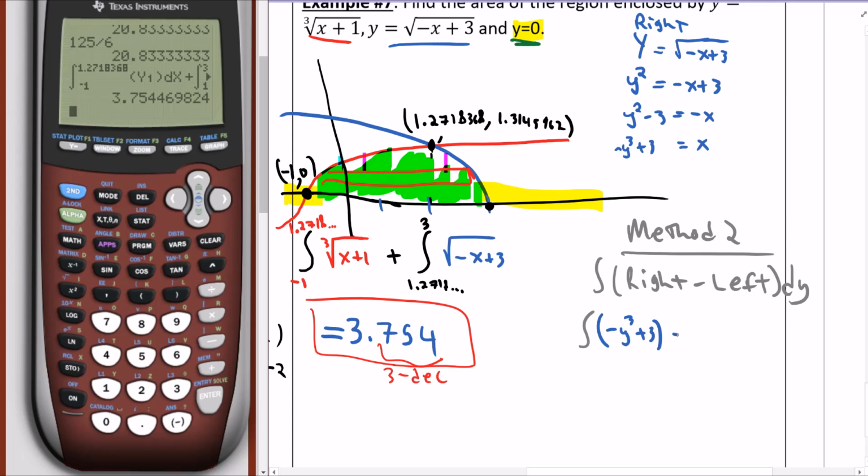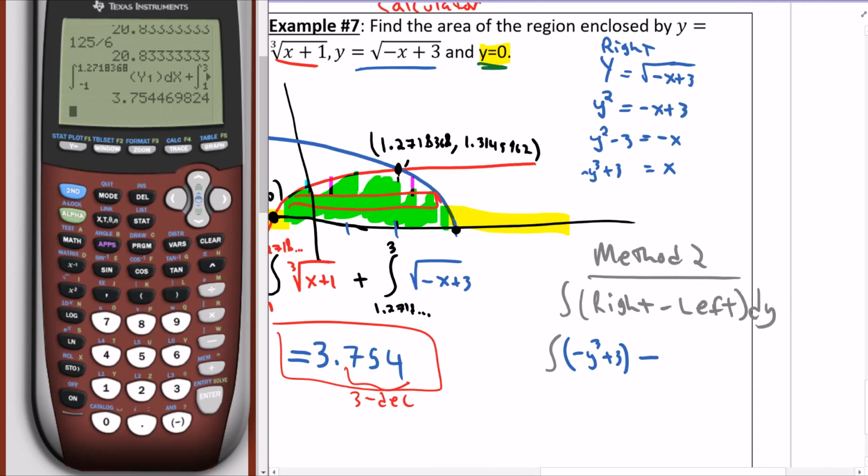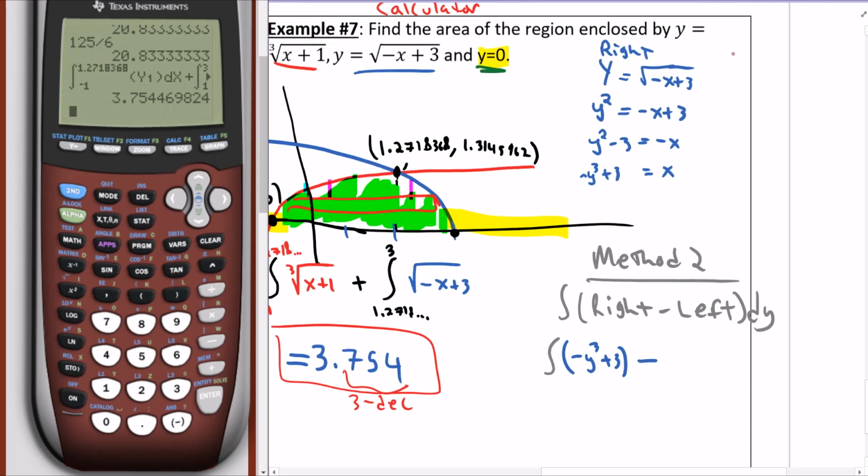And then we're going to do minus the left piece. The left piece is the red one, which is y equals the cube root of x plus 1, which again, we need x equals a bunch of y's. So we cube both sides to get rid of the cube root.